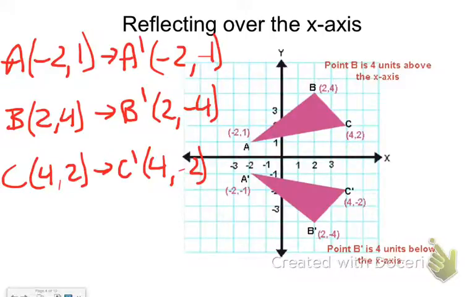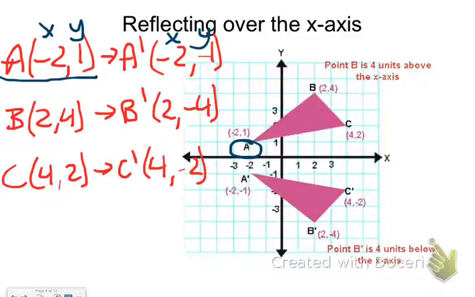Let's notice what is happening to each x and y value when we reflect over the x-axis. So if we take a look at point A, which is at negative 2, 1, A prime, or the new point, is now at negative 2, negative 1. Notice that the x value has remained the same, while the y value has changed in its sign. It's become negative.